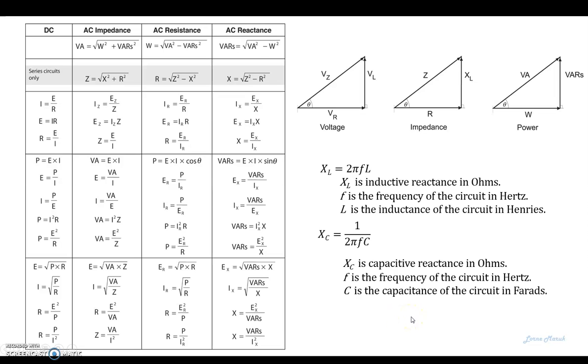Now, a lot of times we write microfarads for capacitance. We do the math, though, using farads. In this case, it's inversely proportional to frequency, so if our frequency goes up, our capacitive reactance will go down. Okay, also if our capacitance goes up, our capacitive reactance goes down.